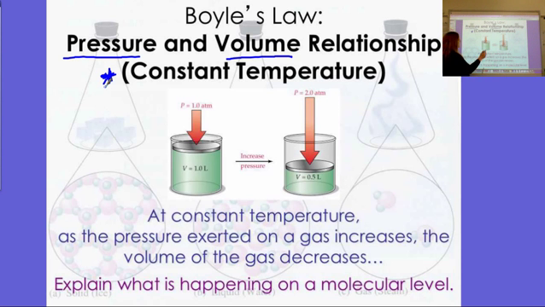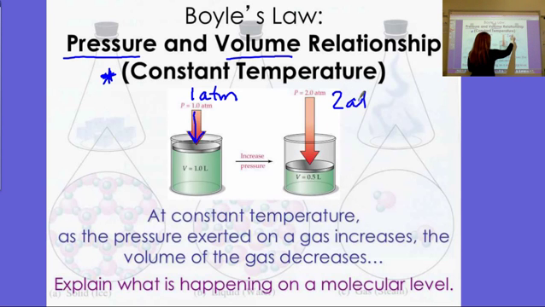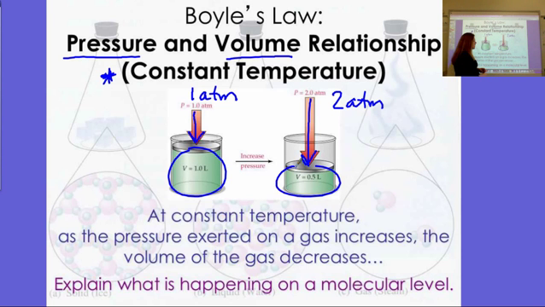As you can see from this diagram, here's my pressure. This says 1 atm. If I double my pressure to 2 atm, if I increase my pressure, what happened to the volume of gas in this container?